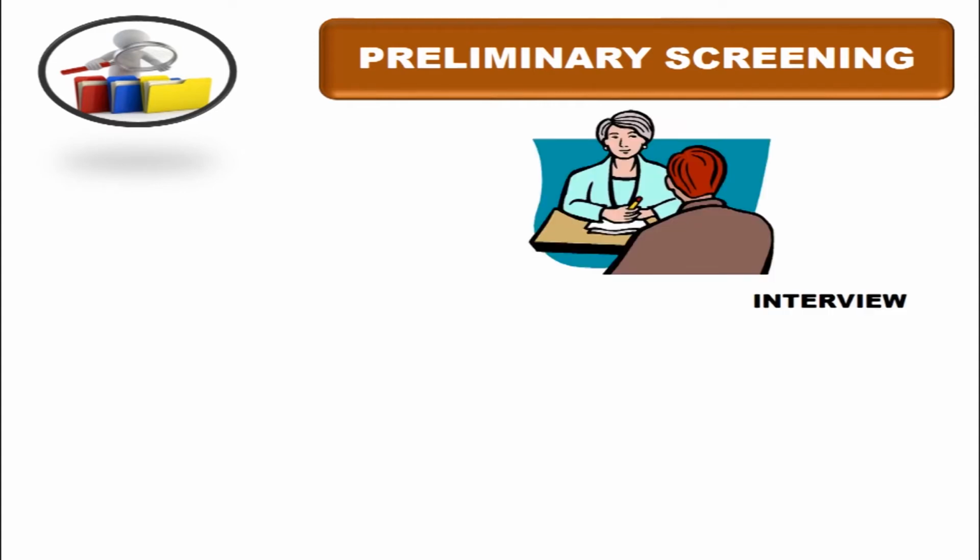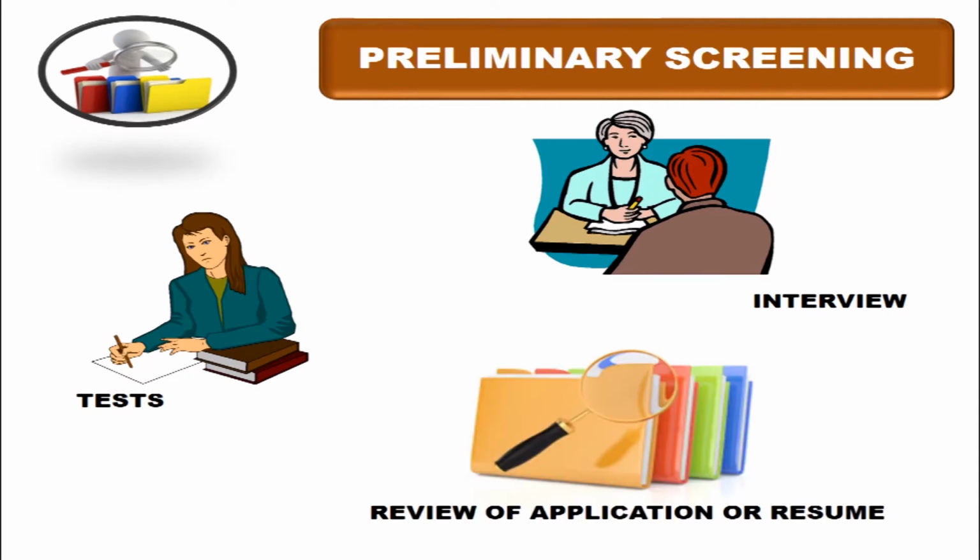Preliminary screening. The selection process begins with preliminary screening. The basic purpose of this is to eliminate those who do not meet the position's requirements by a brief interview, test, or only a review of the application or resume for clear mismatches.